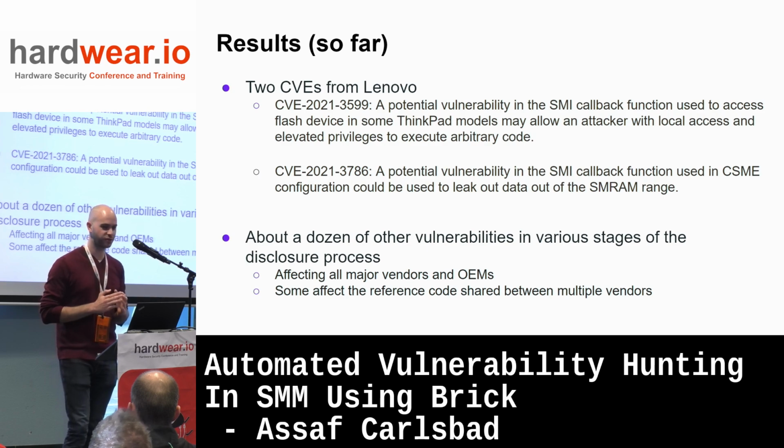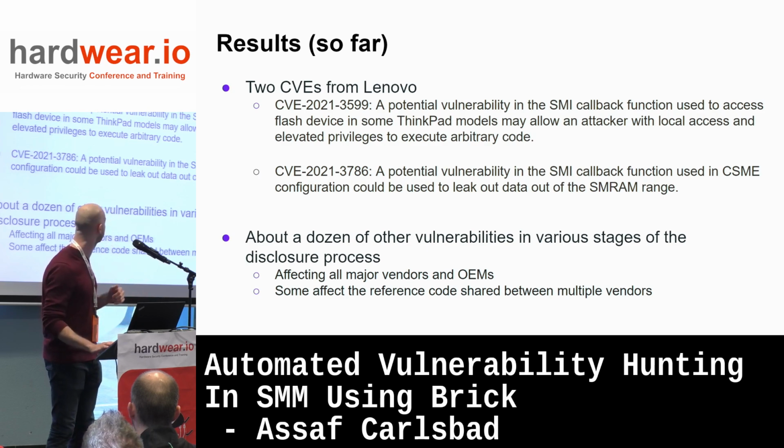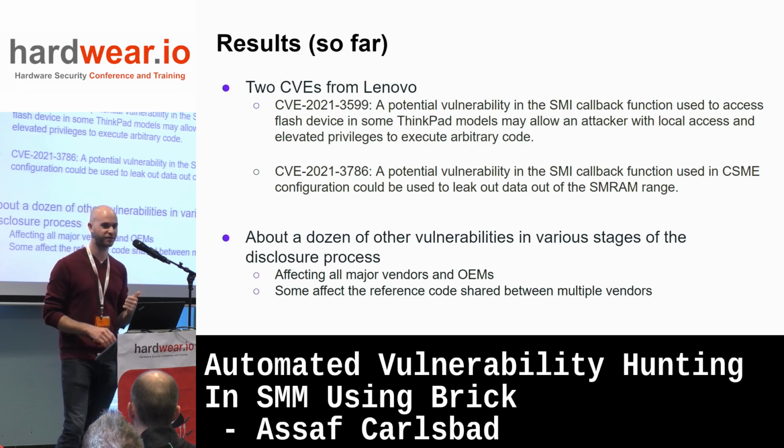So, a bit about the results we got from this tool so far. Actually, this slide is already out of date. It's not 2 CVEs, we already have 3 CVEs using this tool. Two are from Lenovo and one from Asus. We also have about a dozen other vulnerabilities that are stuck somewhere in the responsible disclosure pipeline.